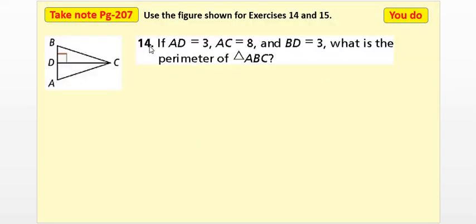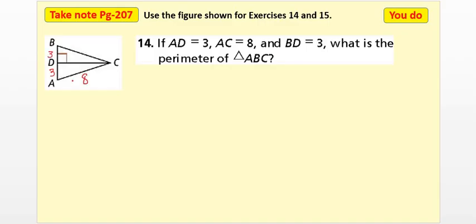Now let's solve some questions from the lesson. It's question number 14. It says if AD is 3, AC is 8 and BD is 3, what is the perimeter of this triangle? So let's first write the measurements over here. They said AD is 3, so we can write 3 over here. AC is 8 and BD is 3.